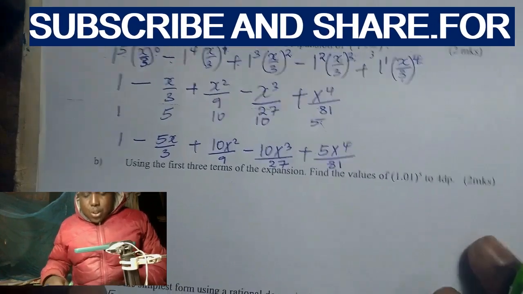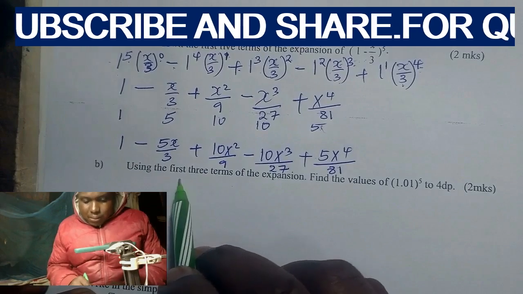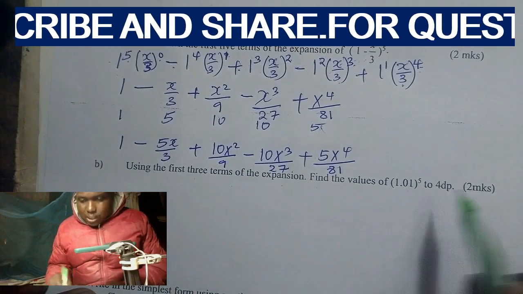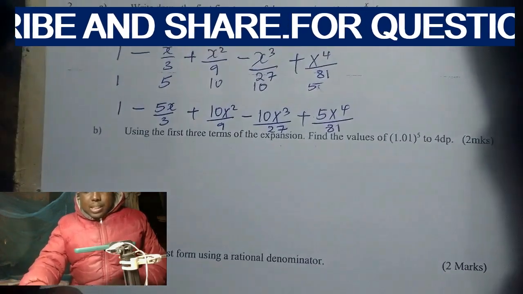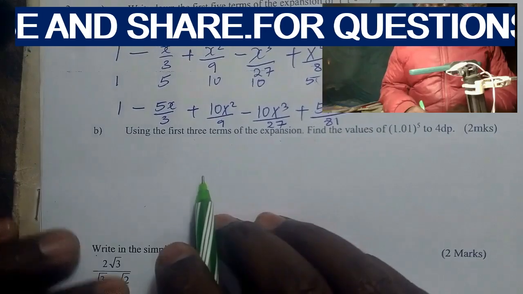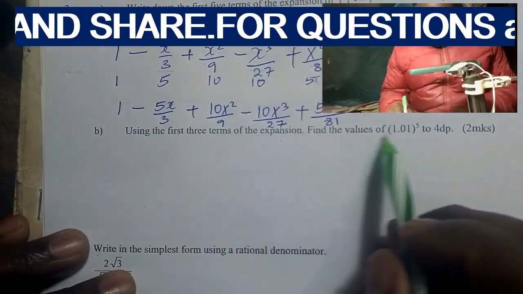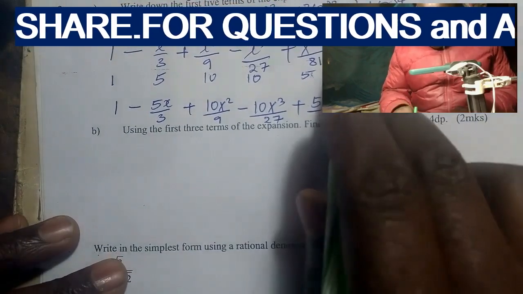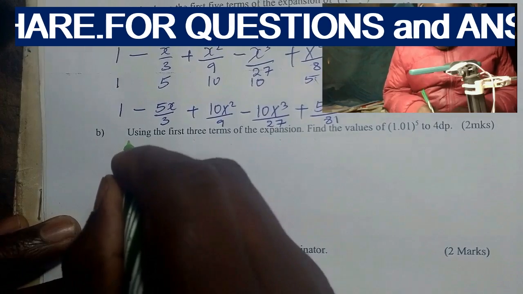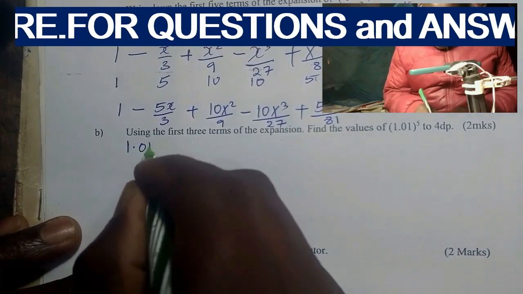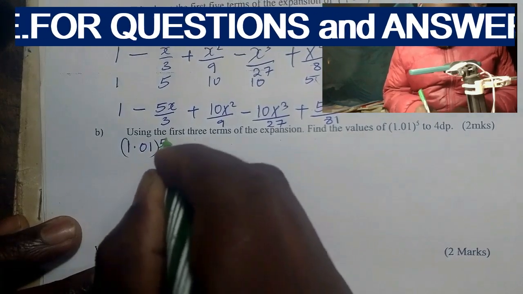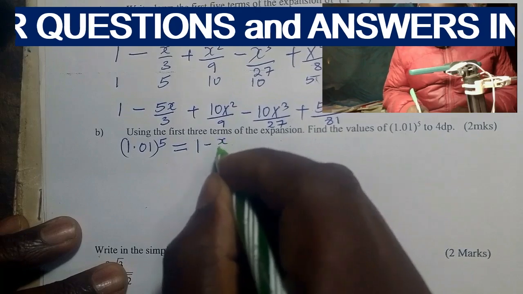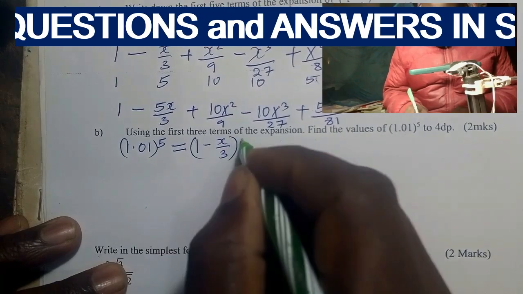Now use the expansion. Using the first 3 terms of the expansion, find the value of this. So we are going to use this expansion to solve this, but first we need to know what this means. It means that 1.01 raised to power 5 is equal to 1 minus x over 3 raised to power 5.